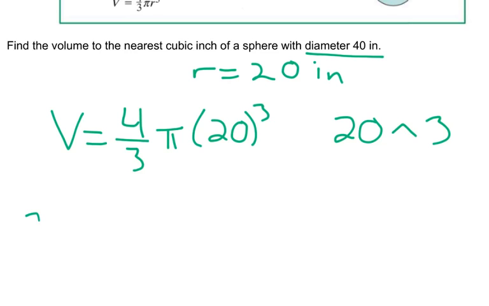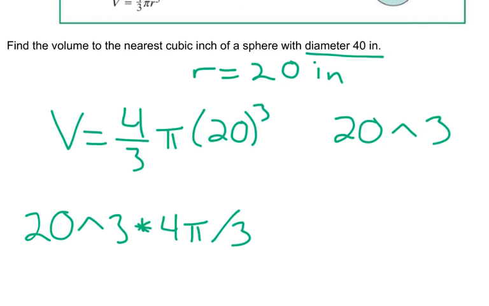So again, this is what my calculator looks like. 20 to the third times, star, 4 pi divided by 3. And my answer to the nearest cubic inch, so the nearest whole number, my volume is 33,510. And since we're doing volume, that would be inches cubed.